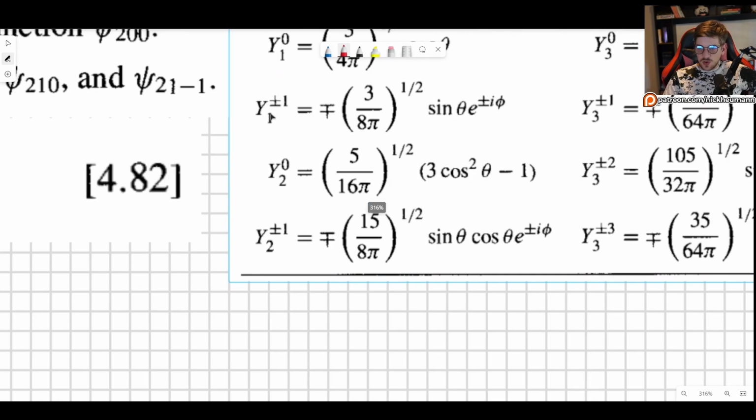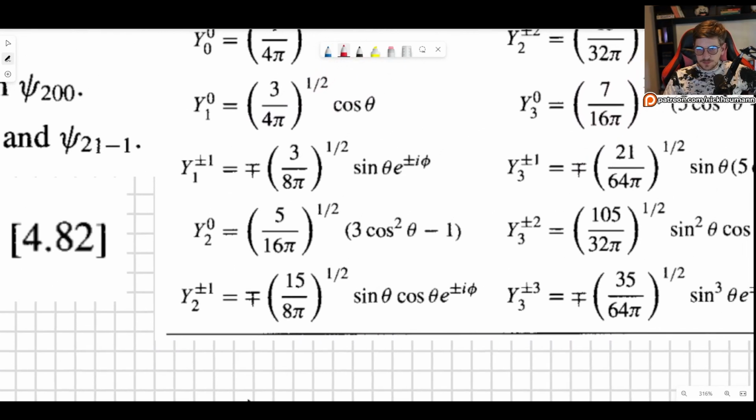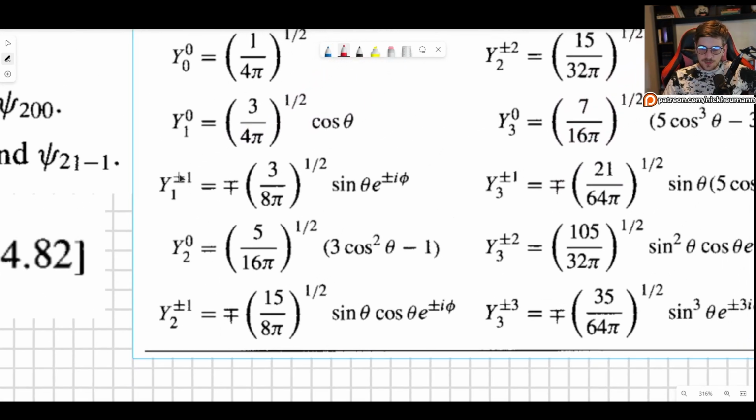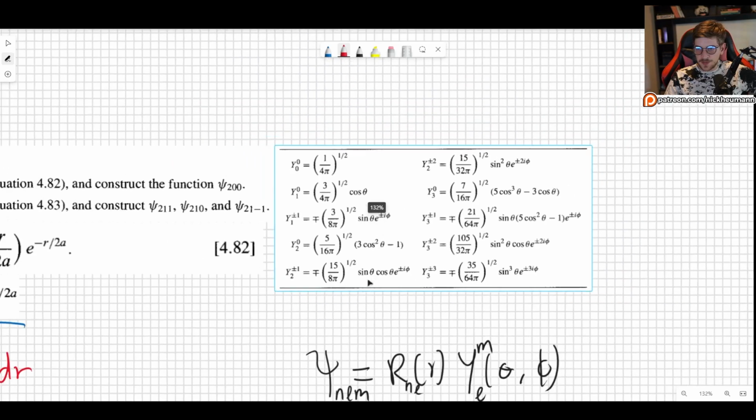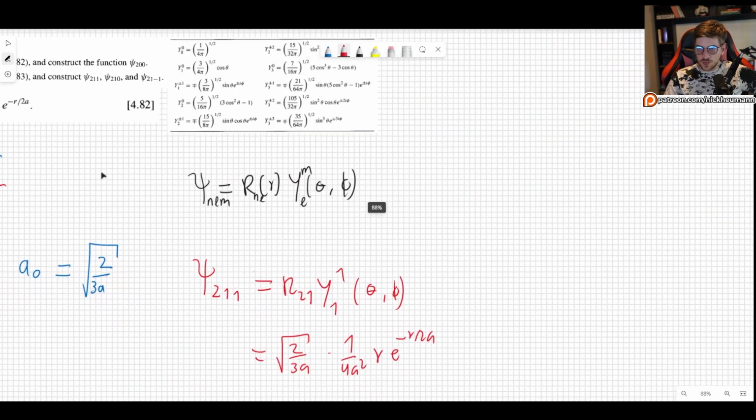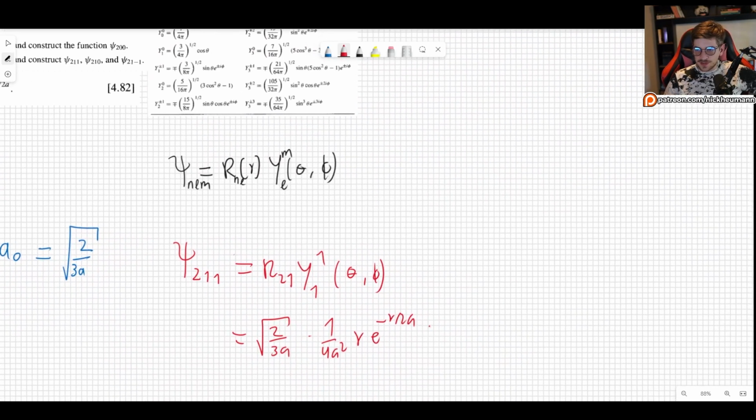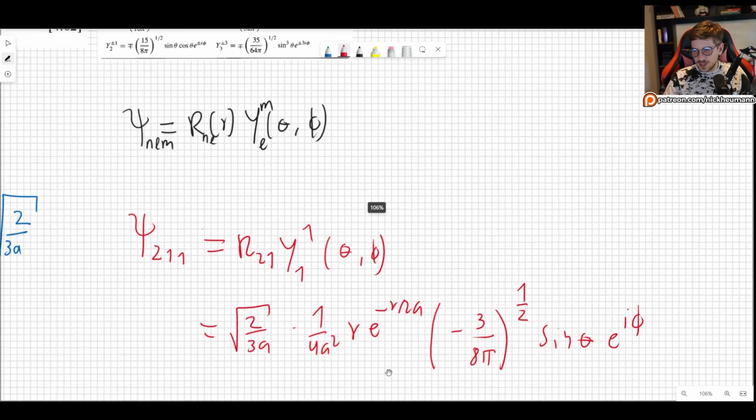So let's see, Y11, the spherical harmonic here. If we are in the plus sign, then we need the minus in here and the plus over there. So this would mean Y11 is minus the square root of 3 over 8 pi, sine of theta e to the i phi.